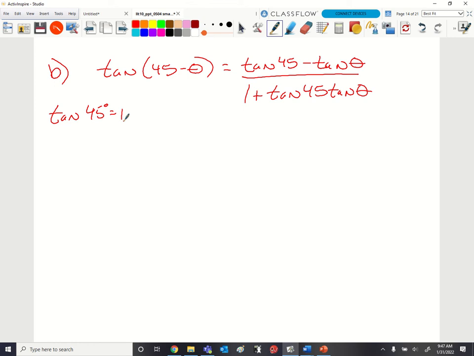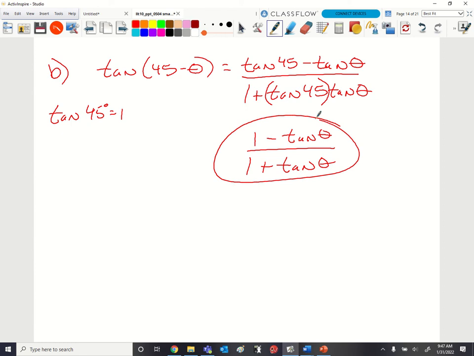This turns into 1 minus tangent theta over 1 plus 1 times tangent theta, which is just tangent theta. Hey, look, it's done. I just circled it: 1 minus tan theta over 1 plus tan theta.